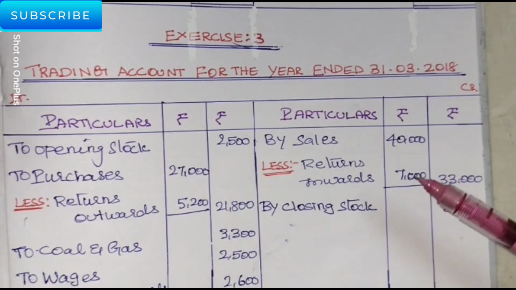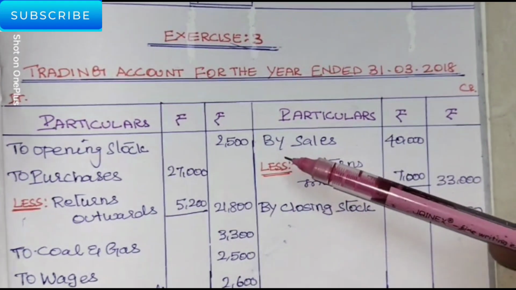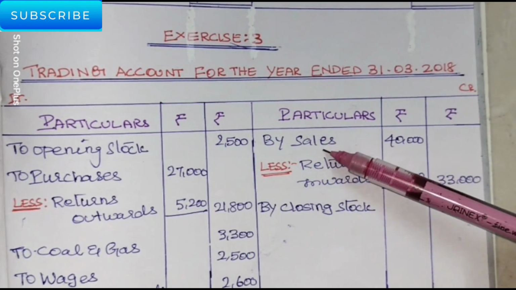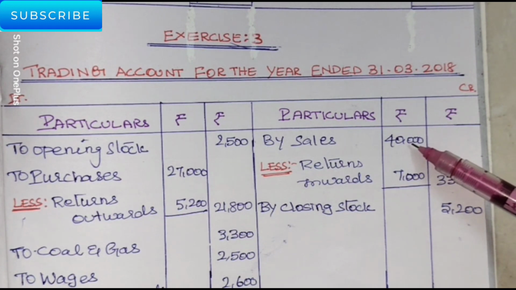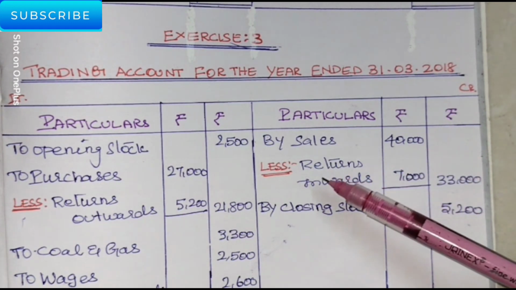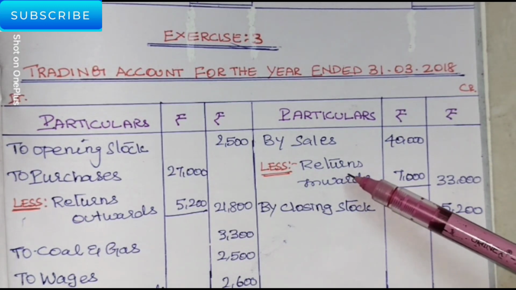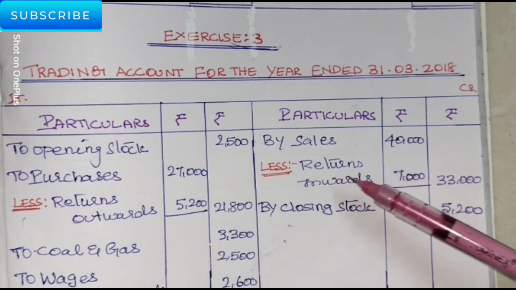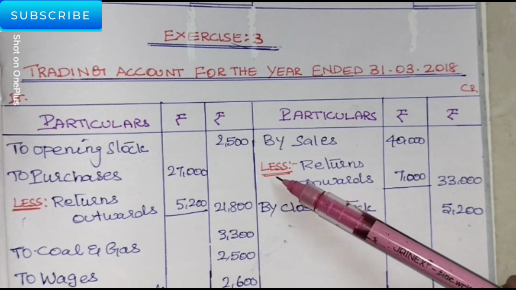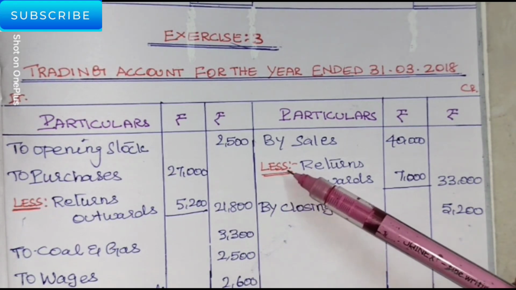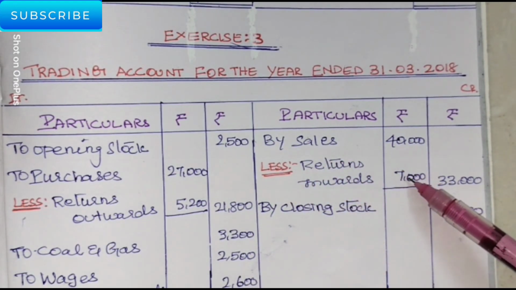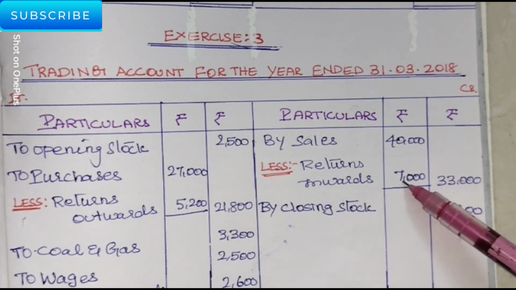As per the format of the trading account, on the credit side we always start with the word By. Sales rupees 40,000 is to be entered in the inner amount column. Then we subtract return inwards, which means sales return. So we write the heading less, return inwards 7,000, in the inner amount column.